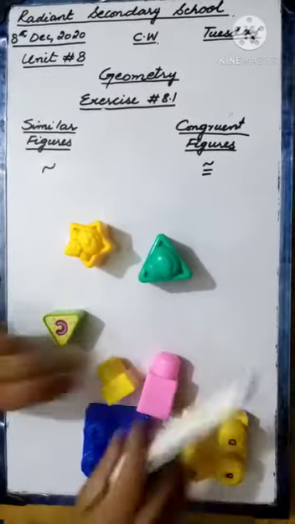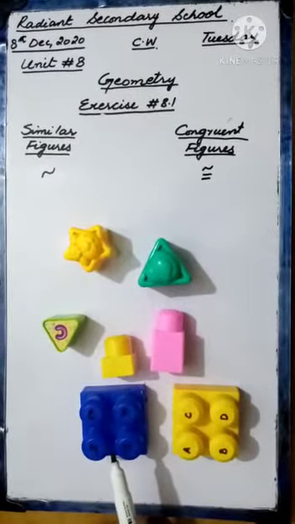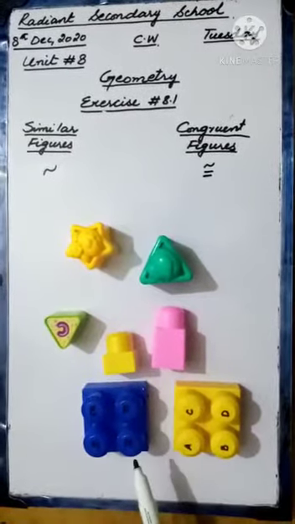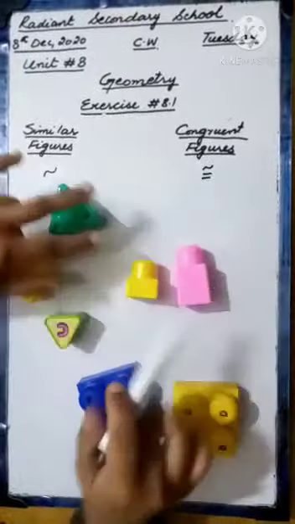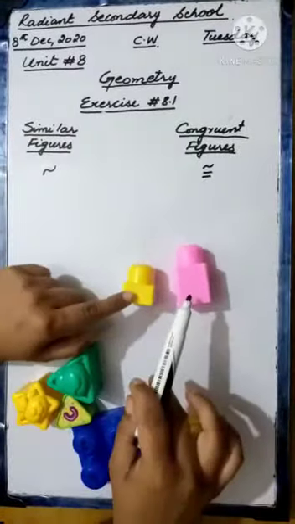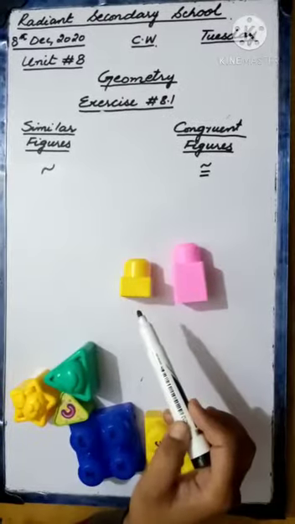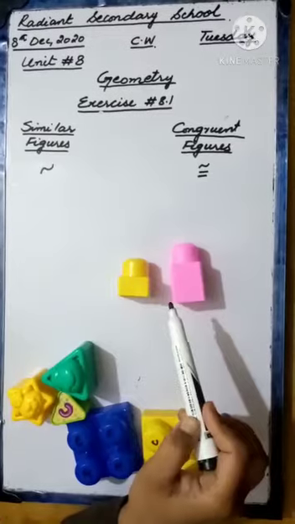Now students, from these figures you can guess every congruent figure can be similar, but every similar figure cannot be congruent. Why? Because you can see these are just similar figures but their size is different. In congruent figures we should have the same size also, so these are only similar figures but not congruent.